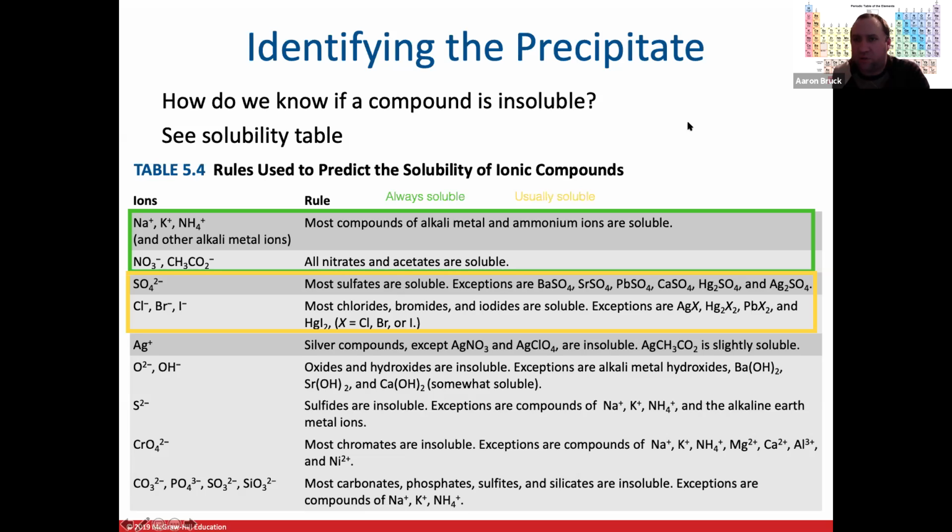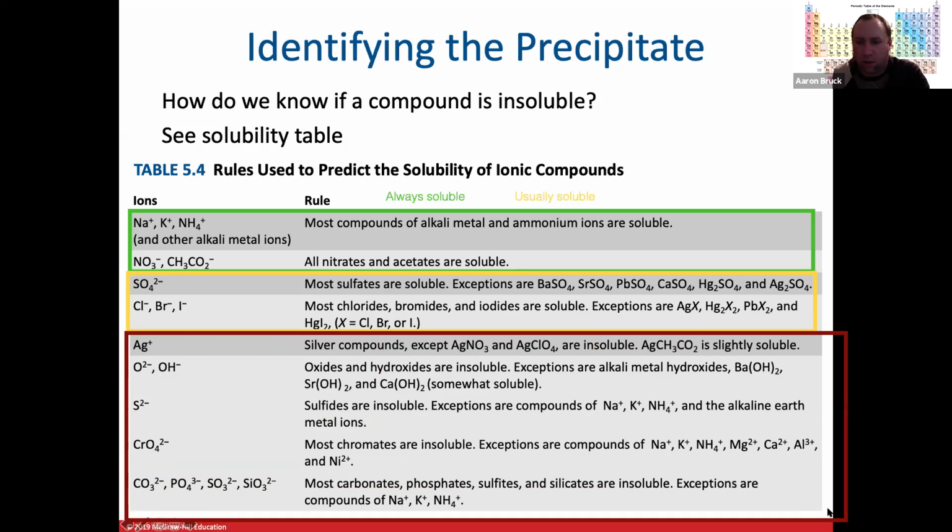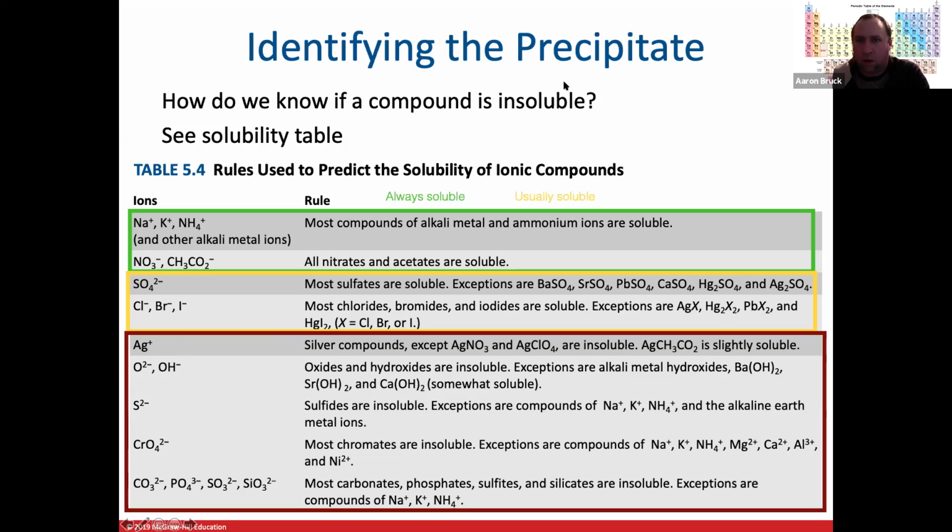The last group here, we're going to highlight in red. These are rarely soluble. Silver compounds are rarely soluble. Oxides and hydroxides are rarely soluble.